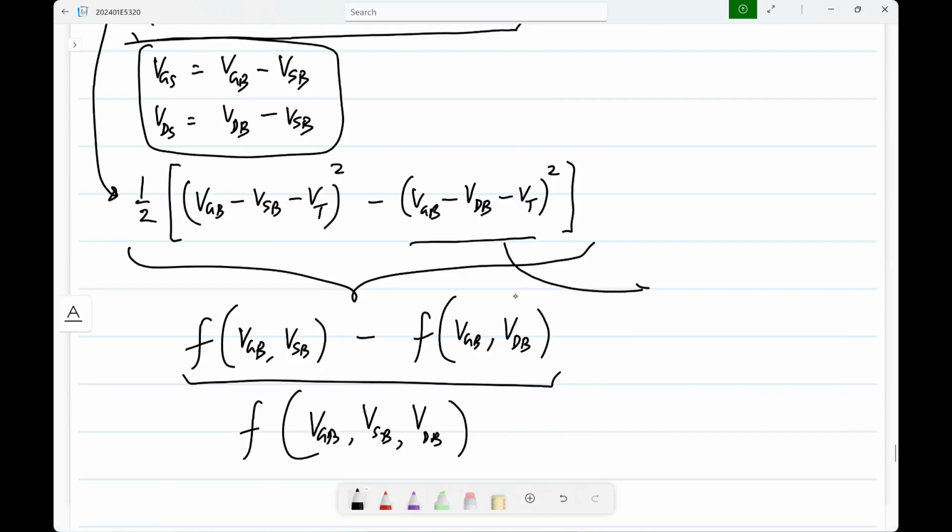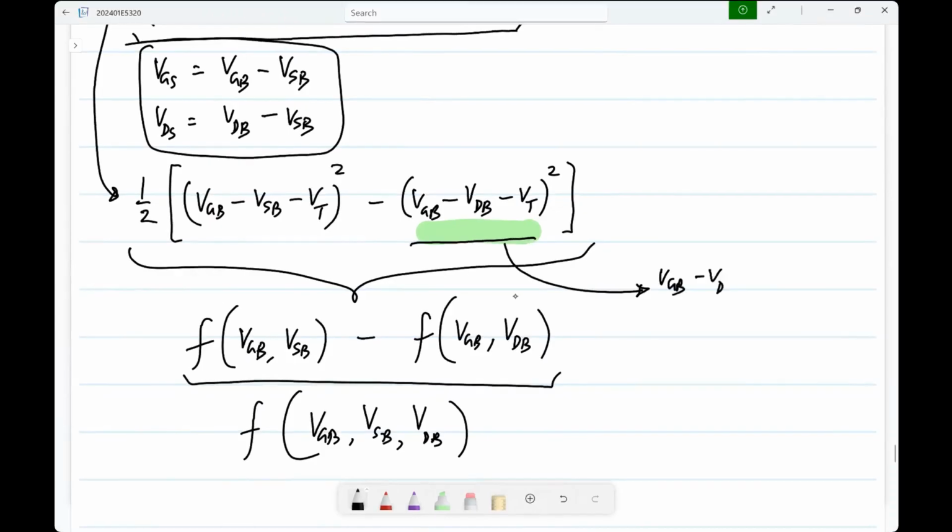When I write this as a square, what it means is, if the argument VGB minus VDB minus VT is less than 0, then you don't take the square of that negative number; that function itself is 0. You understand?